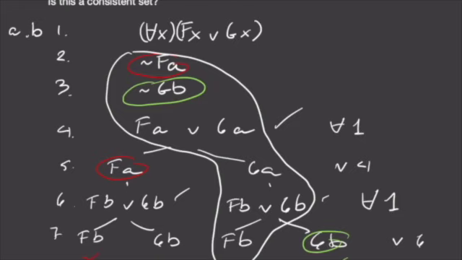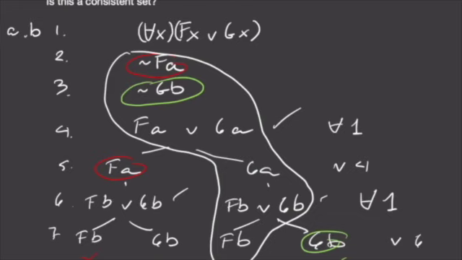So not FA tells us that FA is going to be false. Not GB tells us that GB is going to be false. GA tells us that it's going to be true. And FB tells us that this is going to be true. So that means that when we adopt this interpretation, we're going to make sentences 1 to 3 true. And you can verify this on your own. Okay?